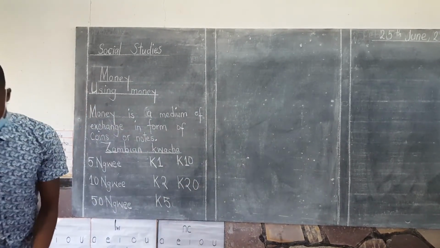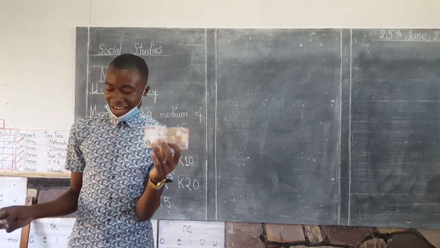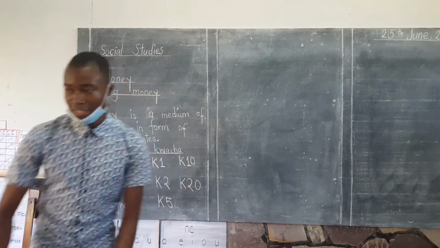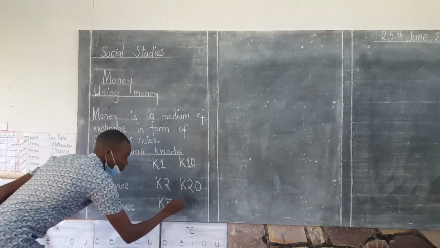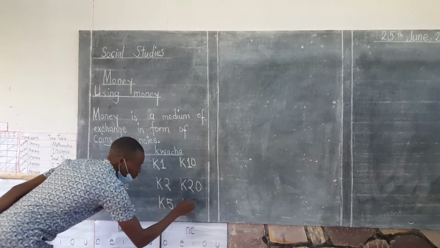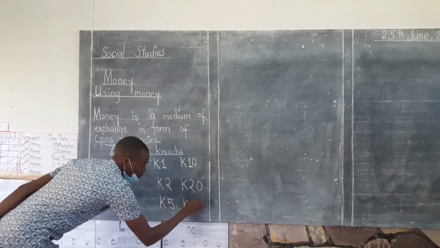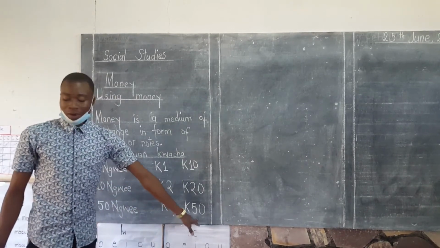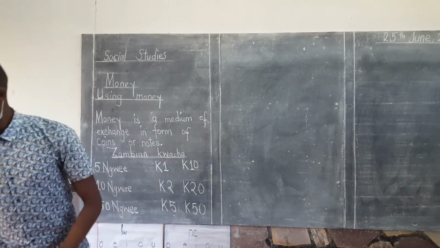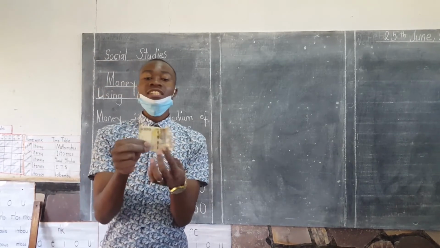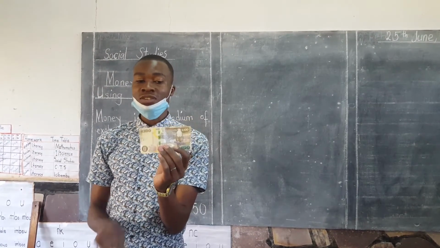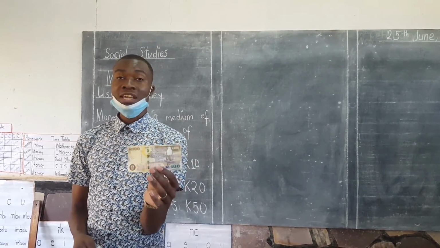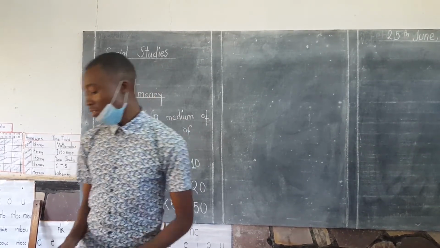Then from a 20 kwacha, we have a 50 kwacha, which I'm going to show you from the chart. Then from a 50 kwacha, we have a 100 kwacha. So that is a 100 kwacha, which is the biggest note in Zambia.